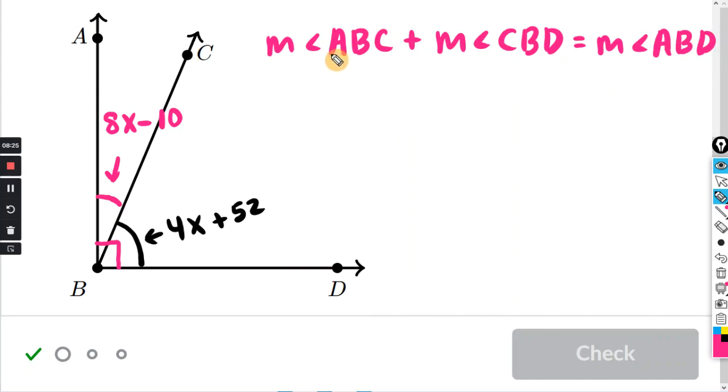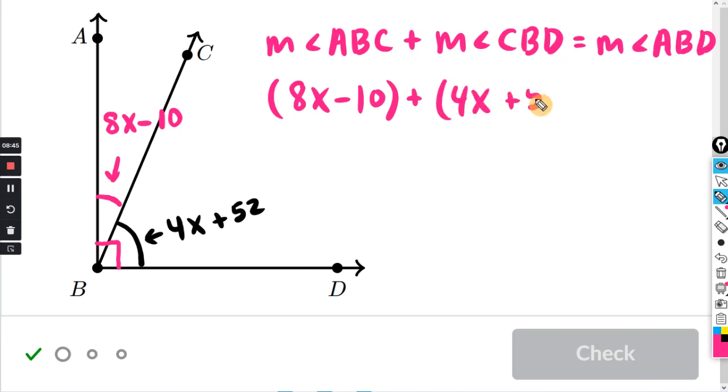So ABC is this one right here. We said that was 8x minus 10. CBD is this one right here, 4x plus 52. And ABD is the whole thing.